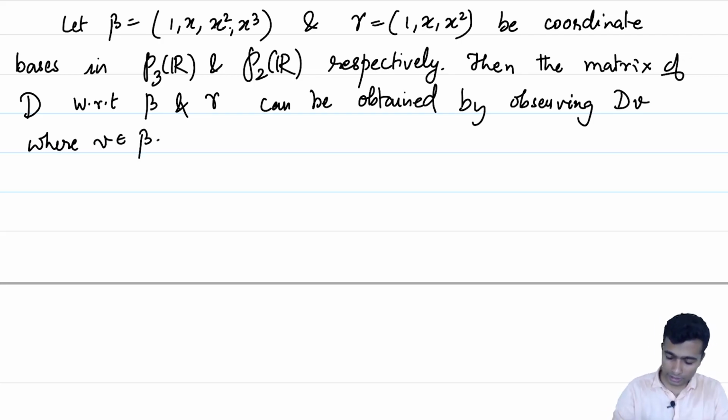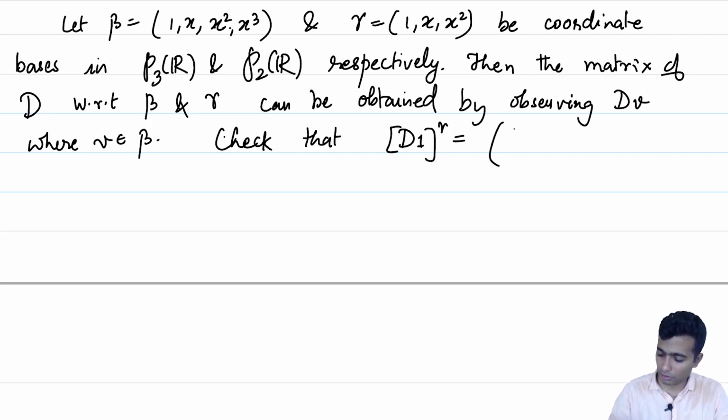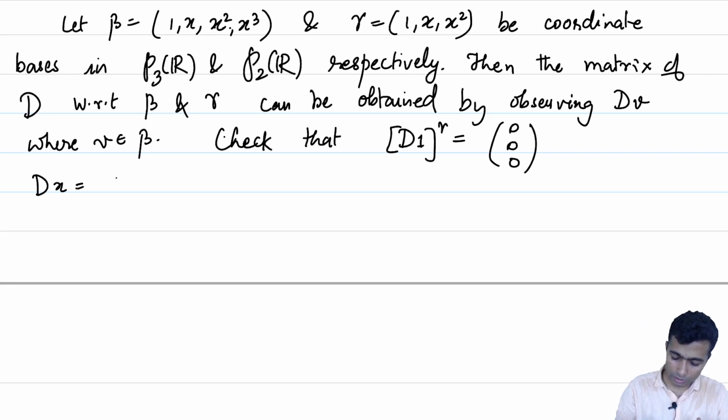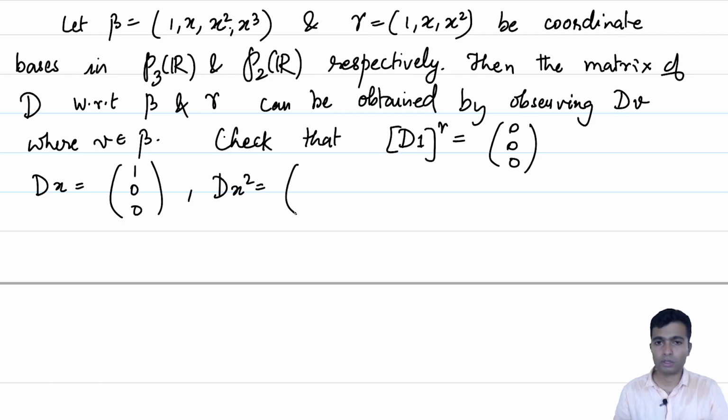So you can check that D1 with respect to gamma is 0, 0, 0. The constant is always killed by the differentiation. Dx is equal to 1, 0, 0. Dx square is equal to the derivative of x square, which is 2x, which is 0, 2, 0.